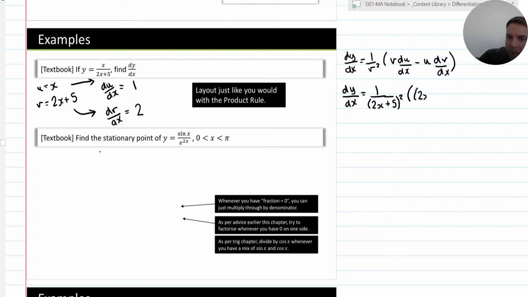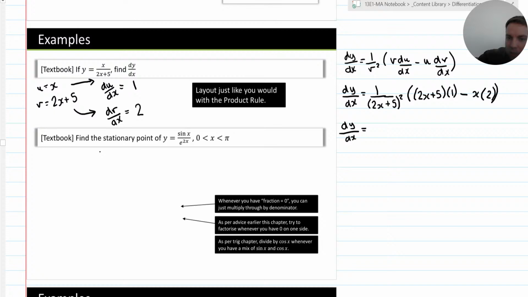So 2x plus 5 times by du, which was the 1, minus u dv. Now u is that x, so minus x times by dv by dx, which is equal to the 2. So we're just subbing in all those values. The hardest part about this is that first part of the differentiation, and then sometimes simplifying as well. So yeah, let's simplify this now.